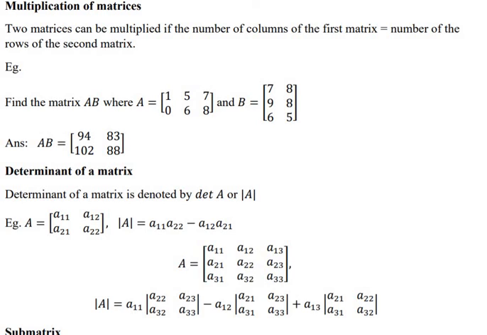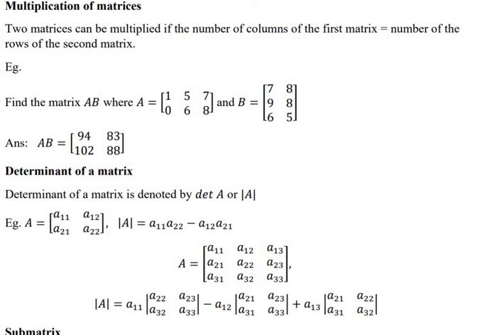Now, moving to the concept of determinant of a matrix. Determinant of a matrix A is denoted by det A. Consider the example matrix A equal to A11, A12, A21, A22.